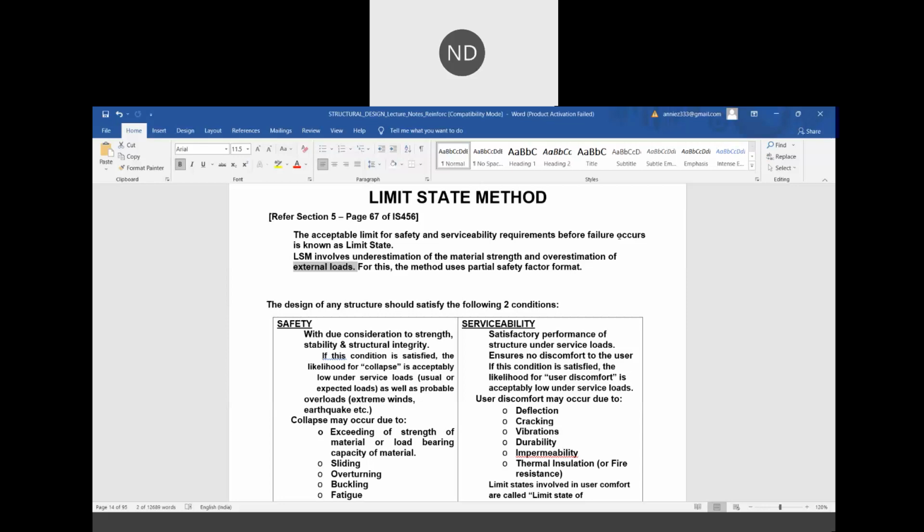In the limit state method, we consider that maximum load, and we underestimate the material strength. That means we consider that the strength of our material is low, minimum, or less, and may not resist as expected given the material qualities. In the limit state method, we consider that the strength of the material is less, and in that way we are going to design.